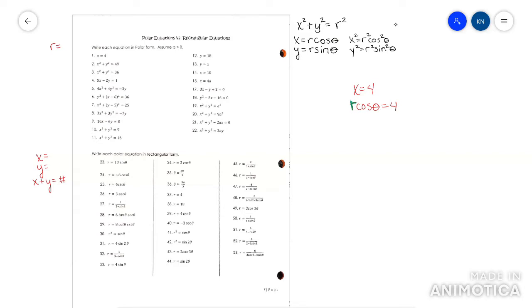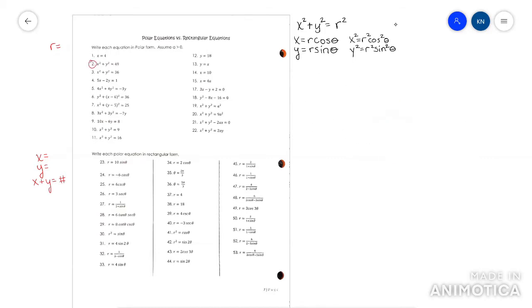So to do that, you're going to need to divide by cosine. So once you get r by itself, you're done. So you could call this 4 over cosine theta, or if you brought that cosine up to the top, it'd really be 4 secant theta. So that's how I would have done the first one.